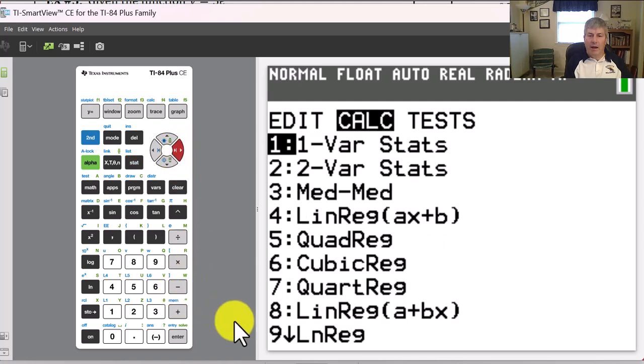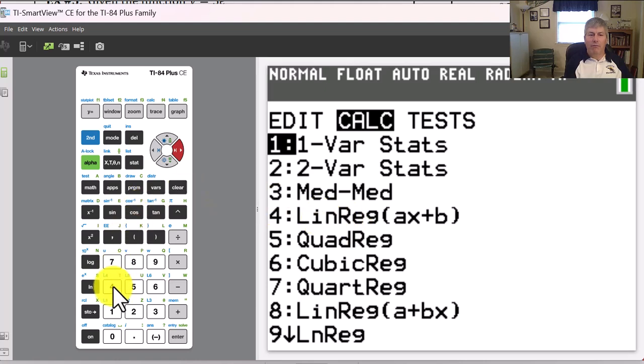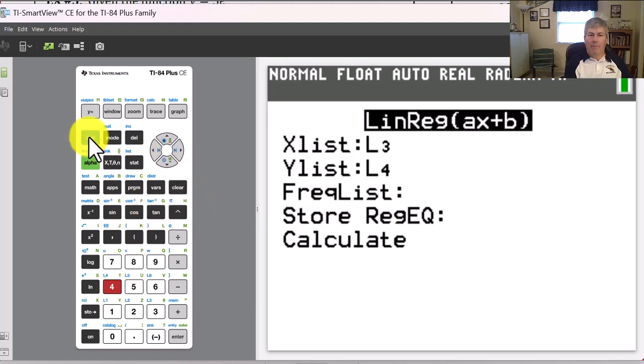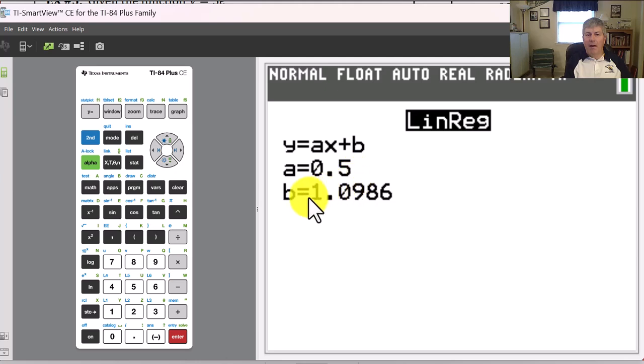We'll do calc. We're going to do a linear regression, so 4. I'm going to use list 1 and list 2. Maybe I better store it in y4. And we'll calculate that. And we get a slope of 1/2 and a y-intercept of 1.0986, which shouldn't surprise us.